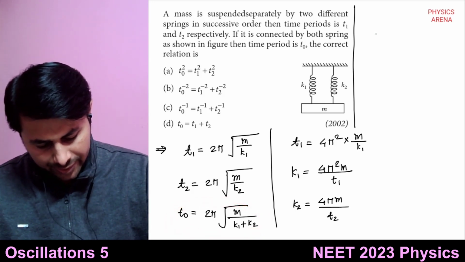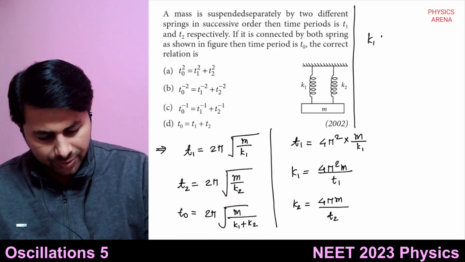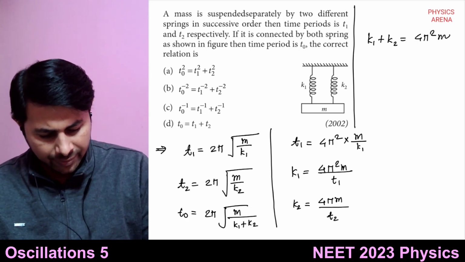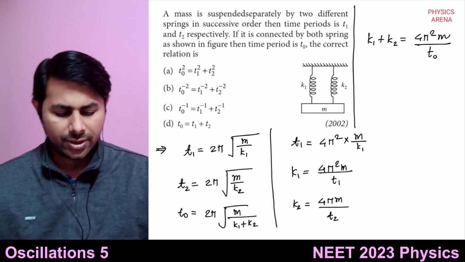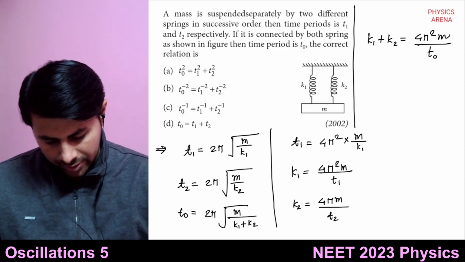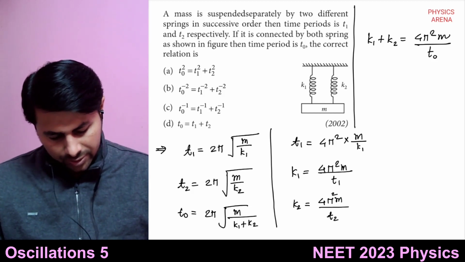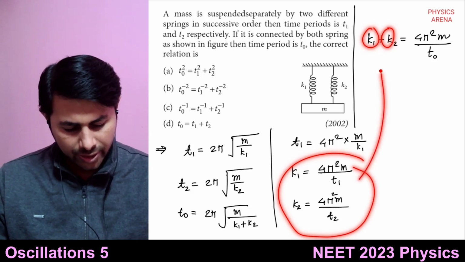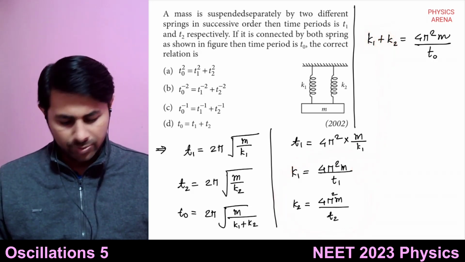So we get K1 plus K2 is equal to 4 pi square m divided by T naught square. You can substitute for K1 and K2 from here in this formula.